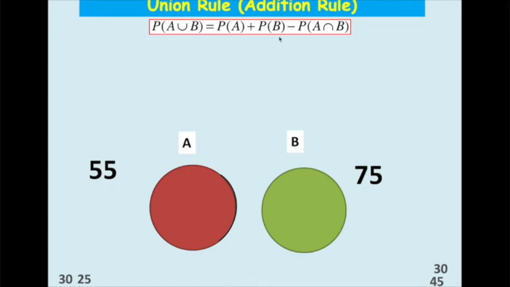In this last part of the video, I will go through the union rule, also known as the addition rule, which is probability of A union B, or A combined B, is equal to probability of A plus probability of B subtracted by probability of A intersection B. Now, this part here, subtracted by this intersection, often confuses students.